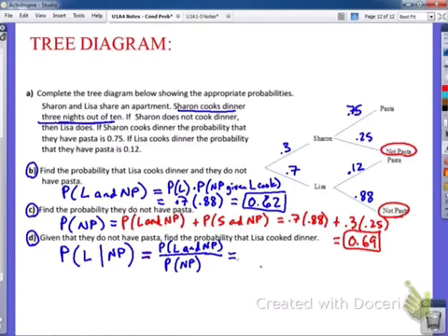So the answer is 0.62 divided by 0.69. You put that in your calculator and you come up with 0.898, which rounds to 0.90. So 90% of the time, if they do not have pasta, Lisa cooked dinner.